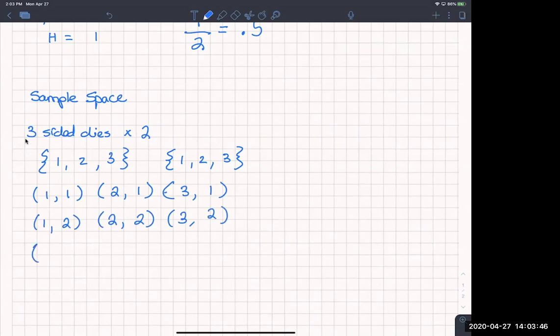The third way is 1 on the first die, 3 on the second die, 2 on the first die, 3 on the second die, 3 on the first die, 3 on the second die. So the total sample space is 9. So there's 9 total outcomes.